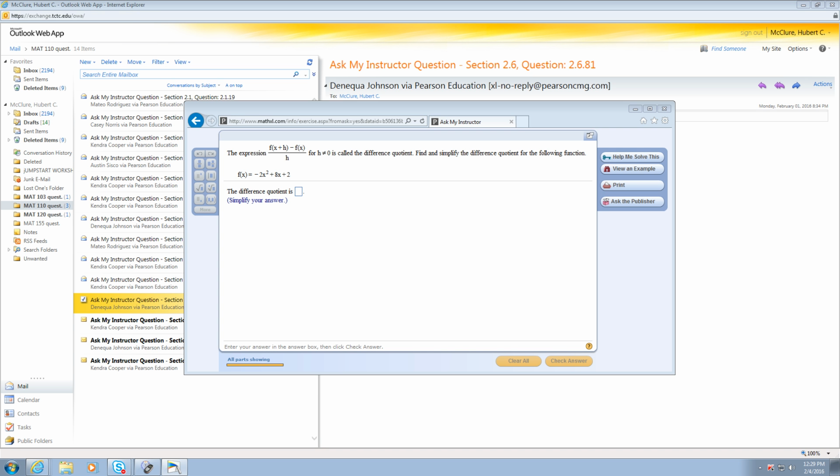And I'm going to distribute this -2 here, and that's going to give me a negative 2x squared, minus 2xh minus h squared.